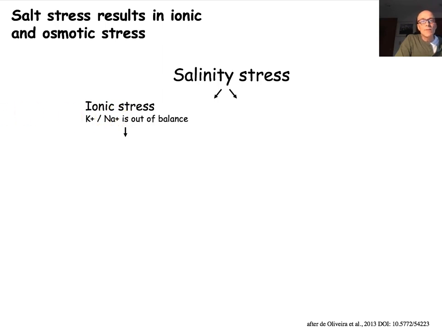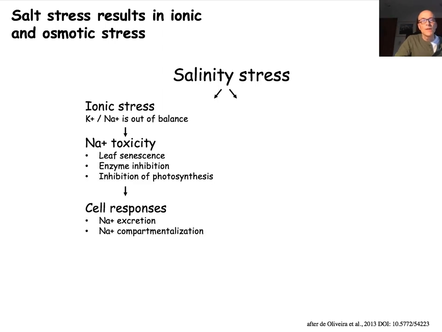The next thing is that sodium is toxic to the plant. It causes leaf senescence. We saw that in the picture before. Leaf senescence means drying up, wilting, essentially. Sodium also has the ability to inhibit enzymes. They start to change their conformation with too much sodium around.